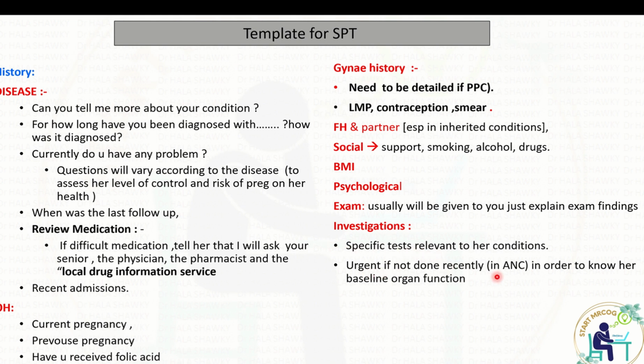And if you didn't find a recent evaluation, for example, for the kidney condition in a patient and this patient is pregnant already, the evaluation of the kidney, or kidney function test, or this organ function test should be arranged urgently or as soon as possible, because you have to categorize your patient into high risk or low risk according to the result of the organ function test and her affection.